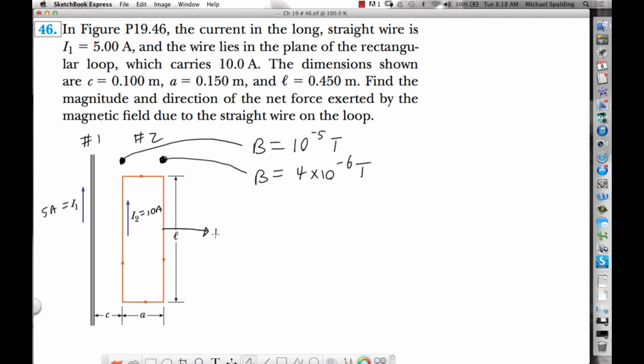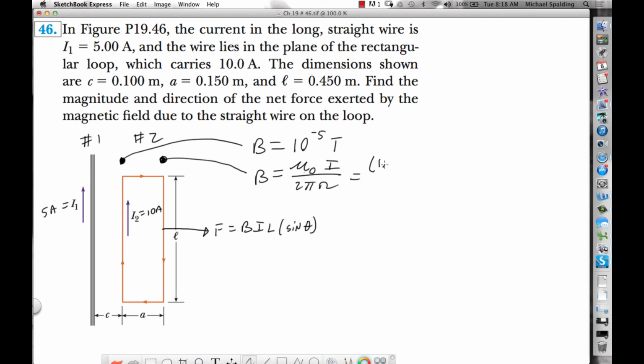Now, our forces. The force on this segment here, the equation we use is F equals BIL, which is really just qvB, but it's for when you have charges moving in a wire. Why is it 4 times 10 to the negative 6 Tesla? Maybe I made a mistake. Let me show you how I did it. We go mu naught I over 2 pi r.